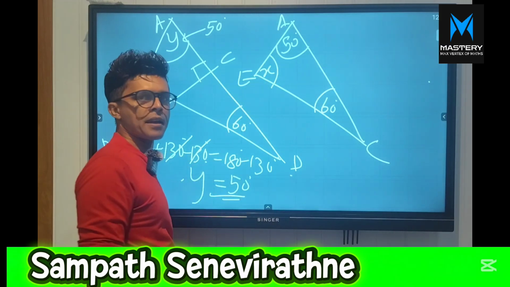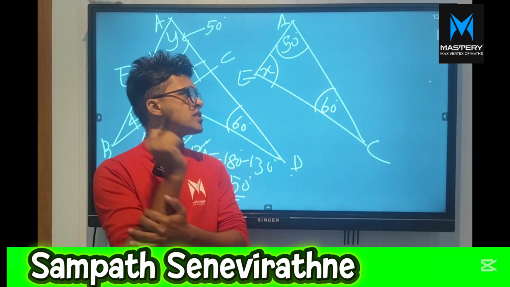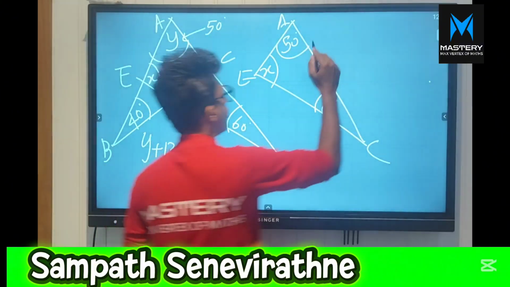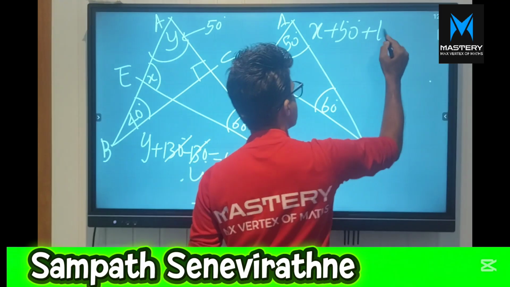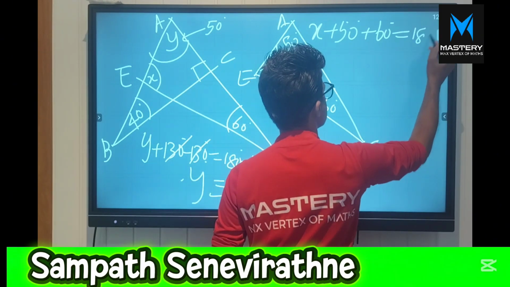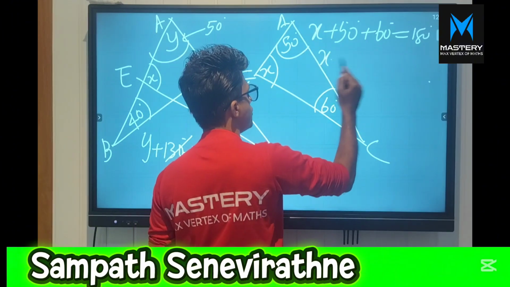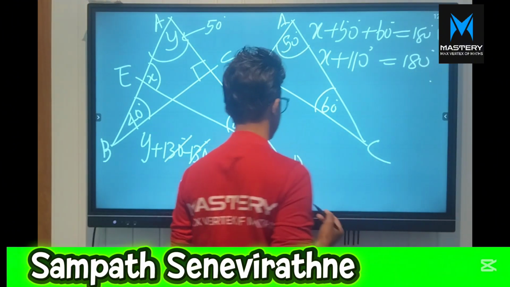So right now you could set up an equation: x plus 60 degrees plus 50 degrees equals 180 degrees. The reason is the sum of interior angles of a triangle is 180. 50 plus 60 is 110.